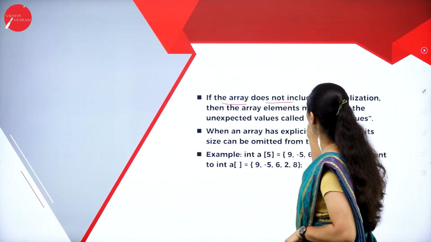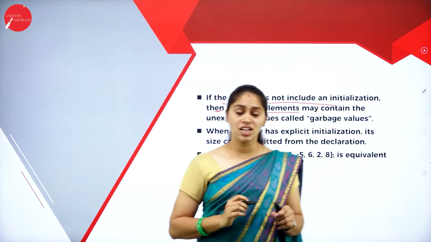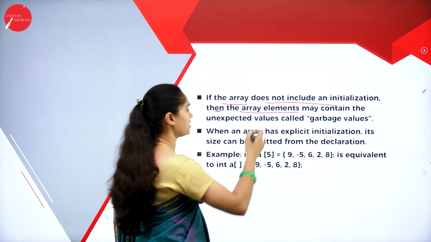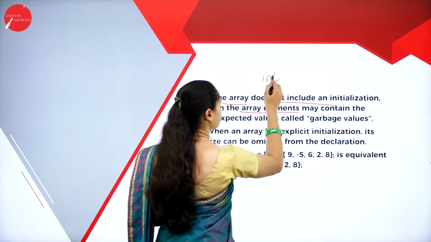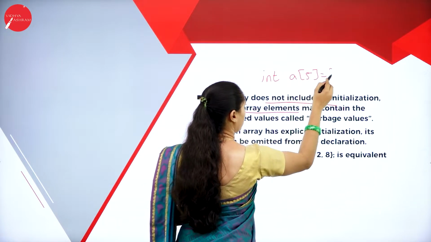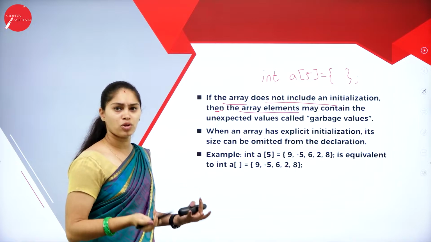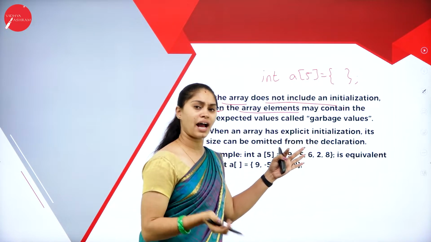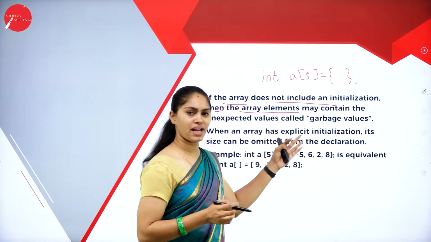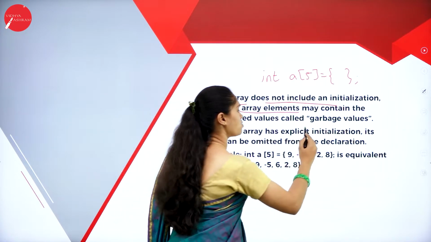If the array does not include initialization, then the array elements may not be initialized to 0. For example, int a[5]; here I'm just declaring, but I'm not specifying any value. At that time, what will happen? By default, the compiler will give some junk values. Those values are termed as what?